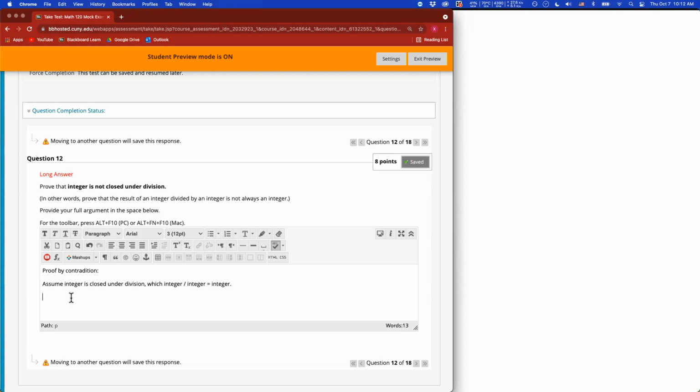How do we show that an integer divided by an integer is not an integer? So our goal is trying to disprove or contradict the assumption. So how do we do that? Anyone?